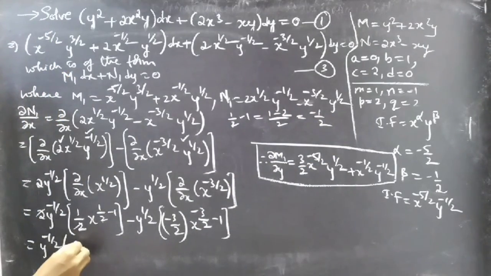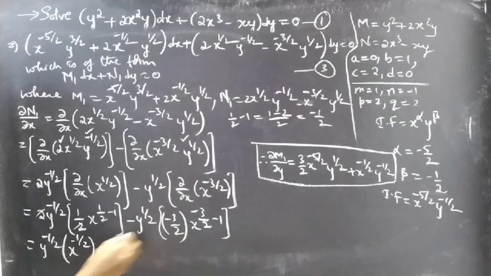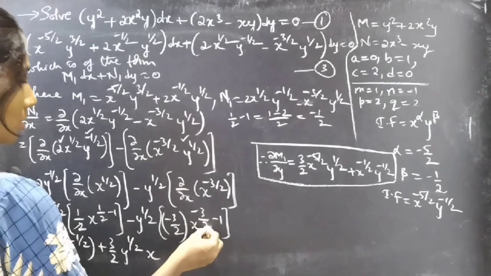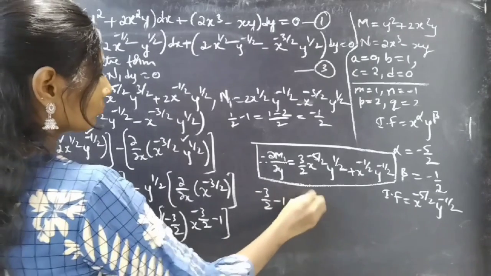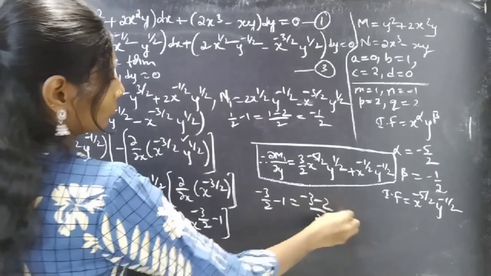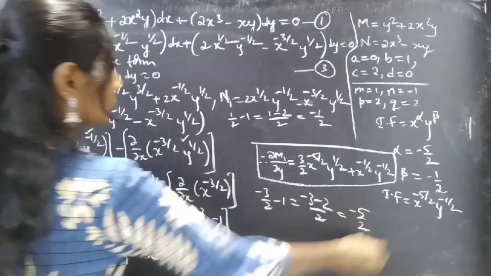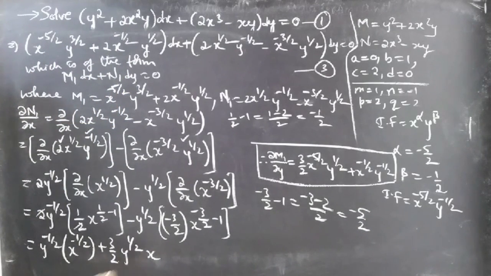You'll get x power minus 1 by 2, minus into minus plus 3 by 2 into y power 1 by 2 into x power minus 3 by 2 minus 1. Gives us minus 5 by 2, right?